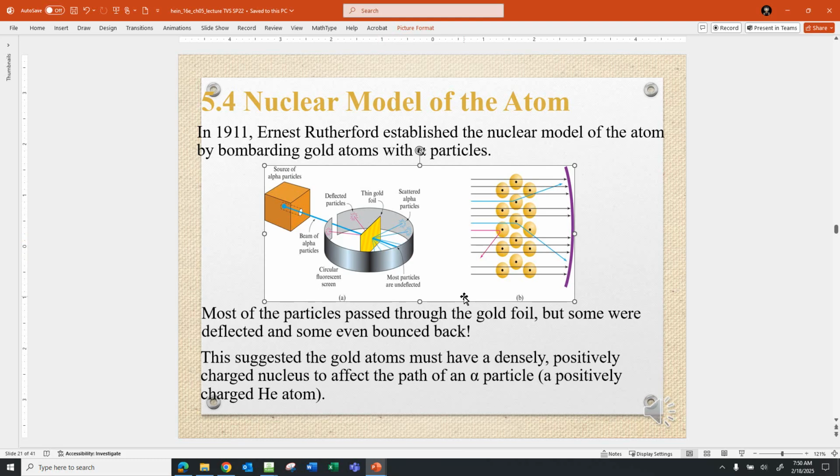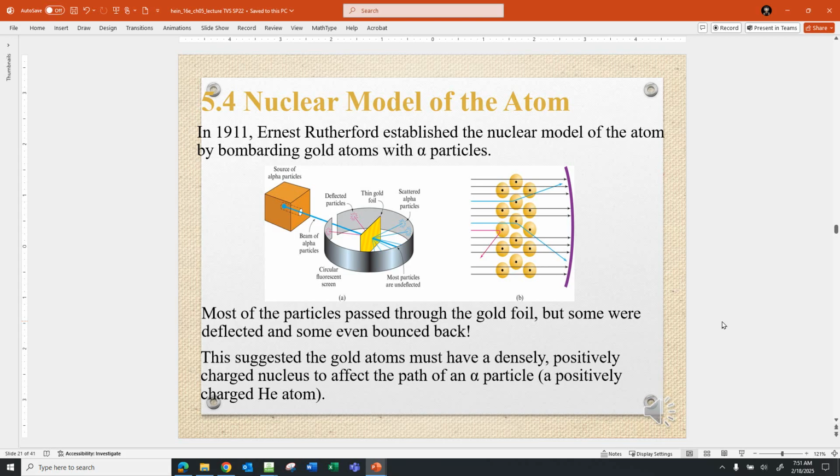So he surmised that the ones that were deflected straight back were hitting the center dense part of the atom. He coined nucleus. He also discovered that since most of the particles went straight through, the atom must be made of mostly empty space.